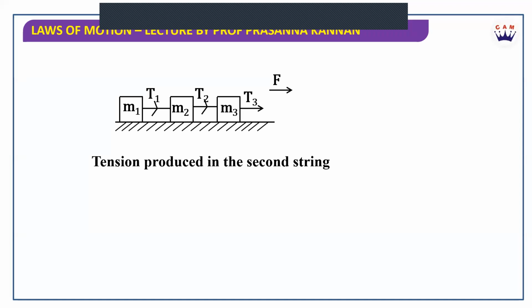I will draw the free body diagram so you'll understand. What is this mass? M2. What are the forces acting on it? Tension is pulling it in this way. What about T1? T2 is pulling it to the right. T1 is pulling to the left.